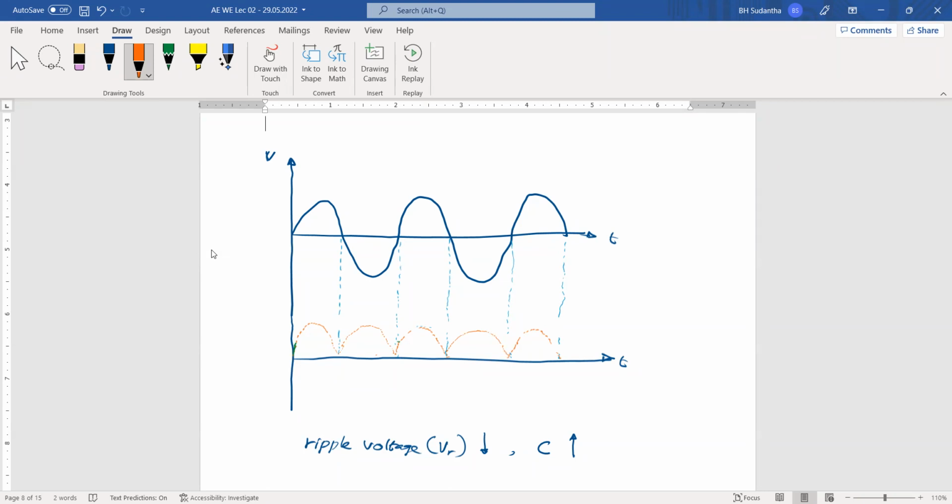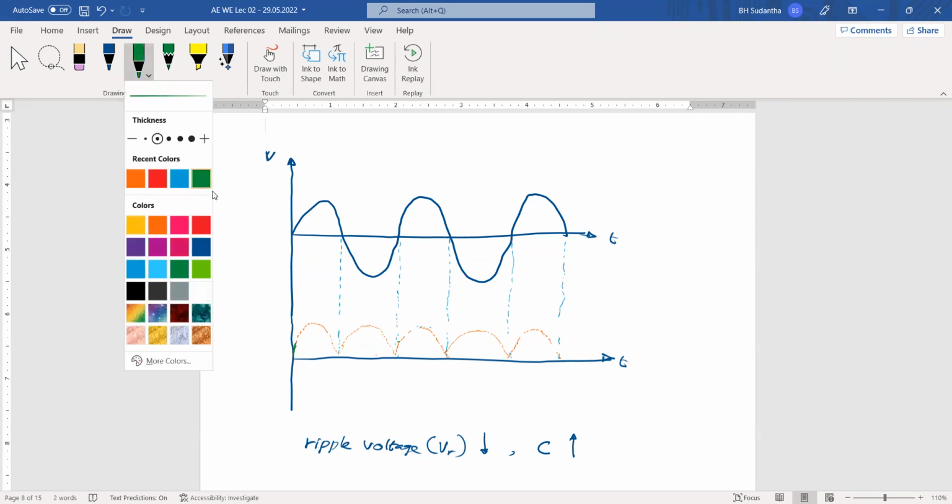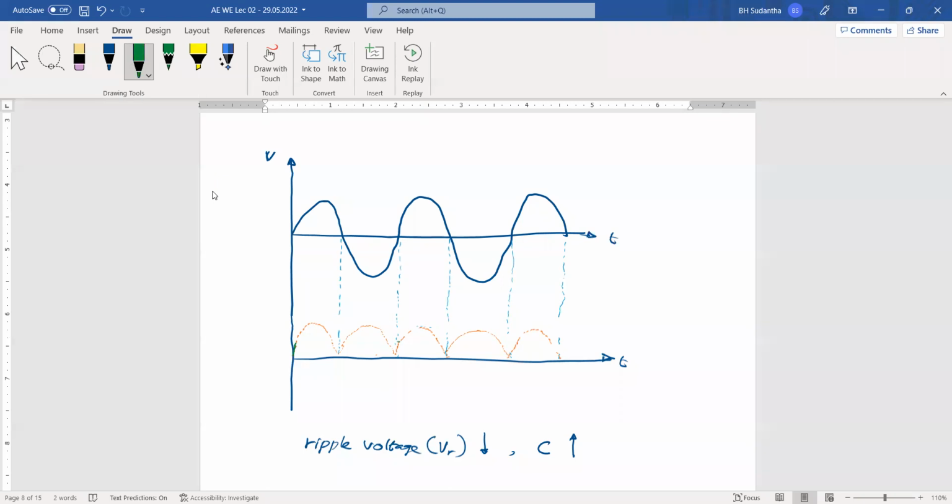But now we have a capacitor, and because of that, the situation is much better than the previous one. Now the capacitor can charge up to this level and it can provide voltage to the resistor, and it can go like this. But before that, the voltage is coming from the input side and it goes like that.